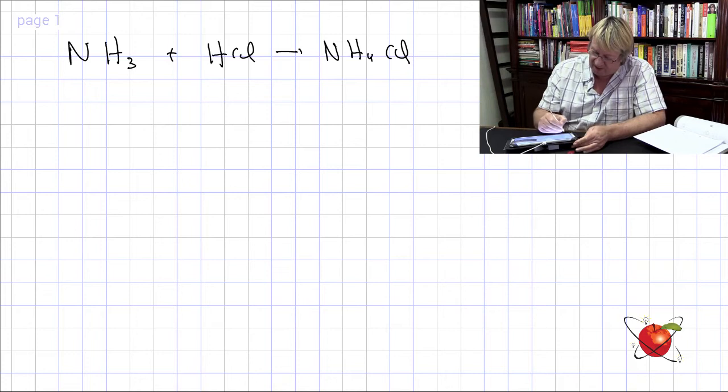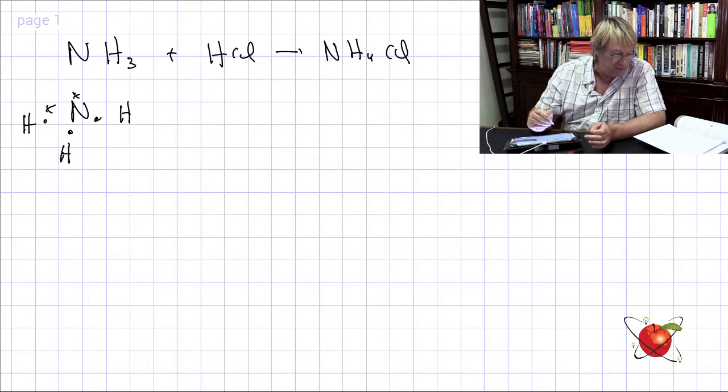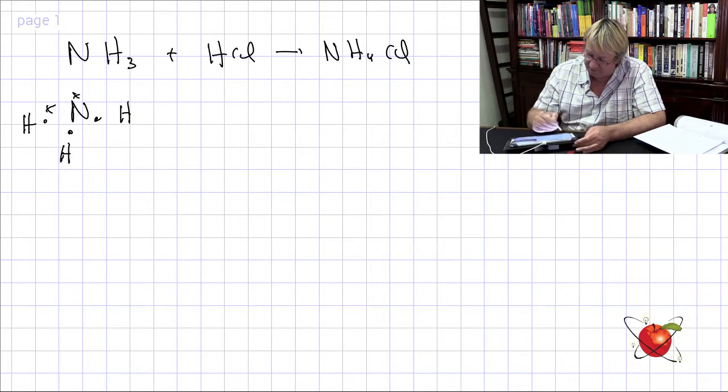Let's have a look what it looks like. We've got here NH3, N and H3. So we've got an H there, an H there, an H there, and the rest was made up with our ammonia.